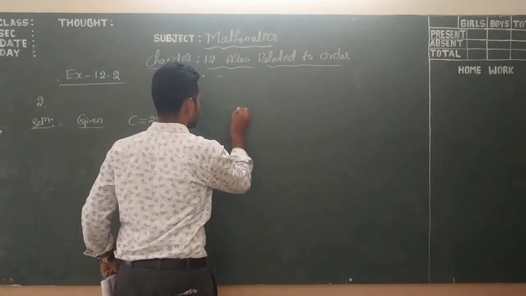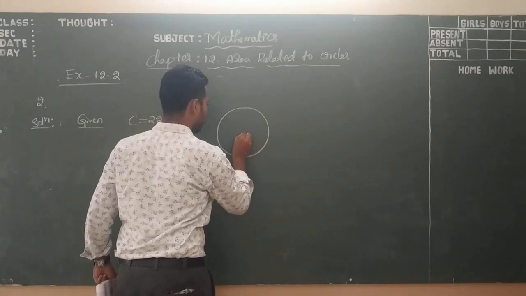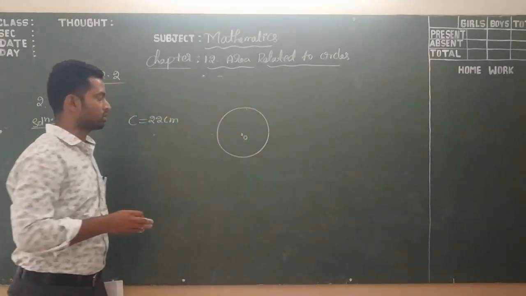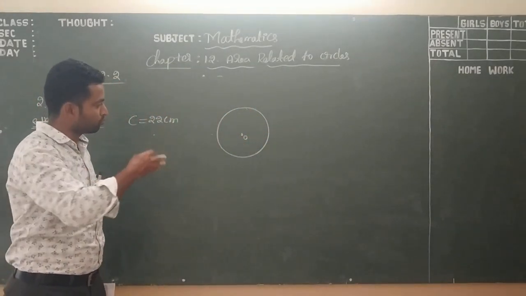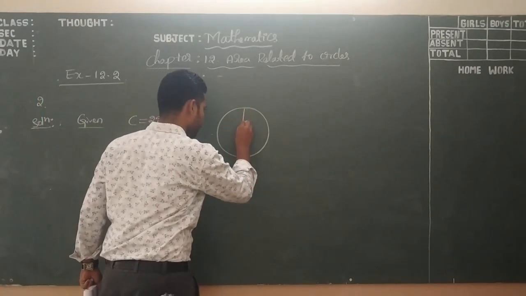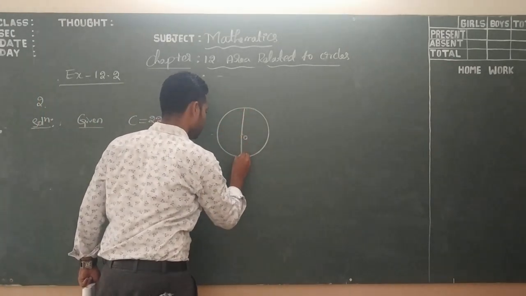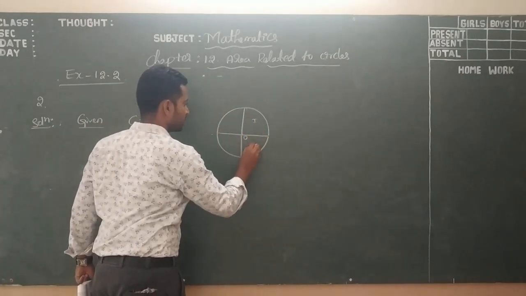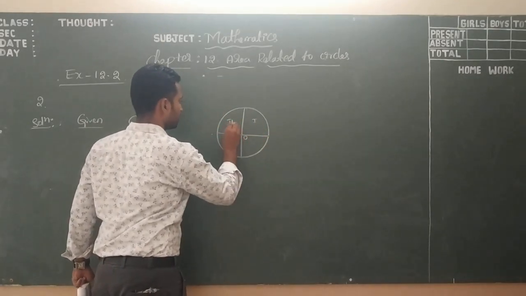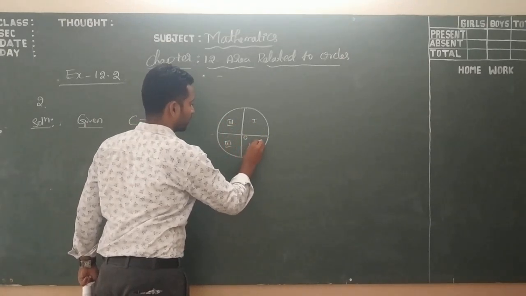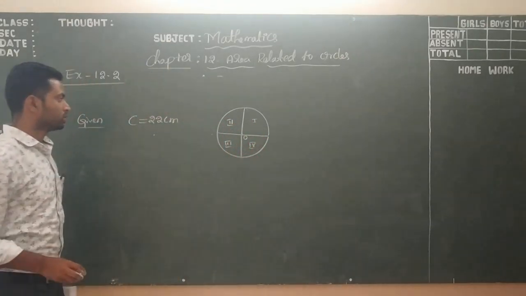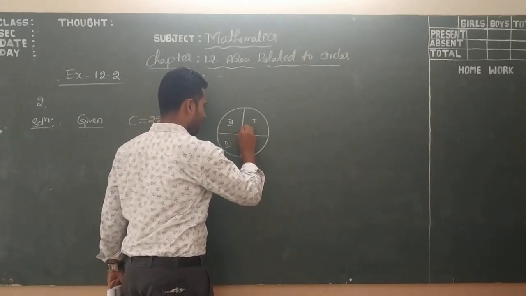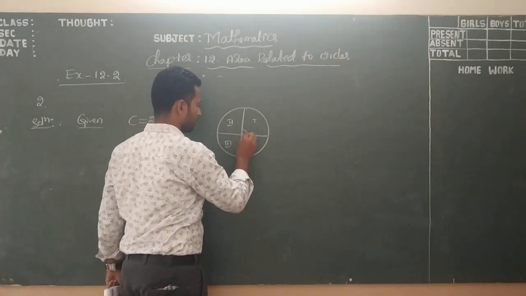Okay, so this is a circle with center O. If we divide this circle into 4 portions like this, this is the first quadrant, second quadrant, third quadrant, fourth quadrant. So what is the area of any one quadrant?